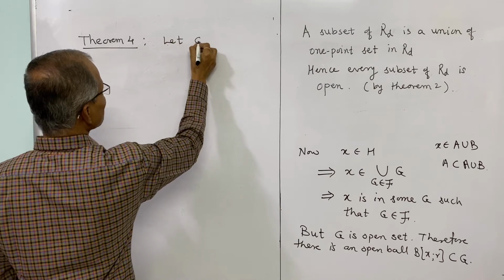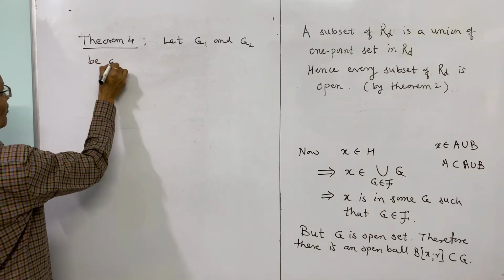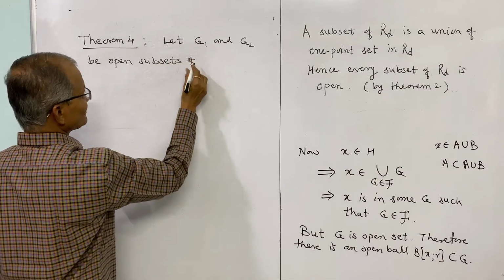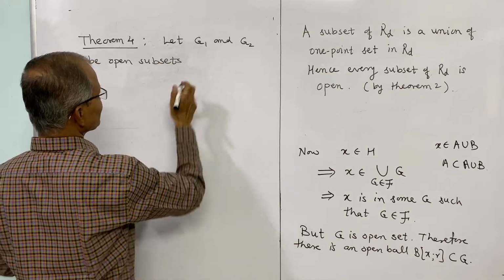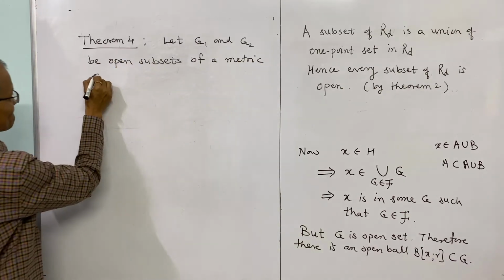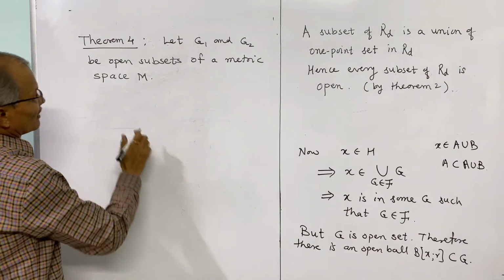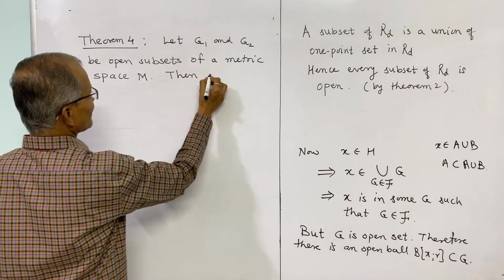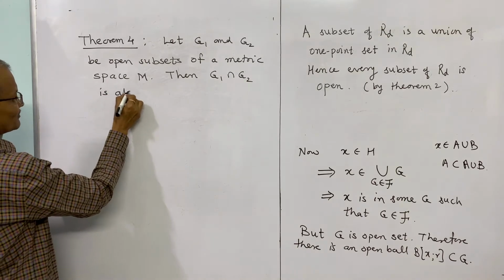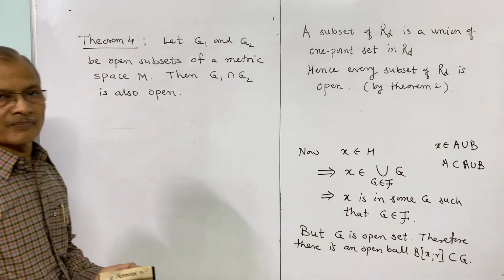Let G1 and G2 be open subsets of a metric space M. Here a metric is to be assumed. Then G1 intersection G2 is also open, that is, an open subset of M.